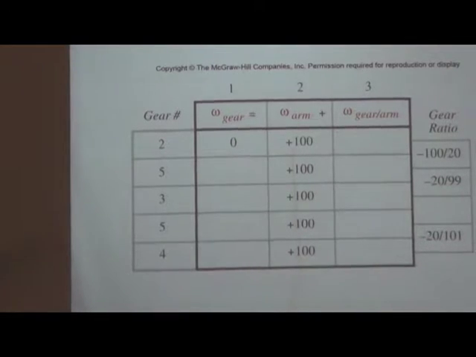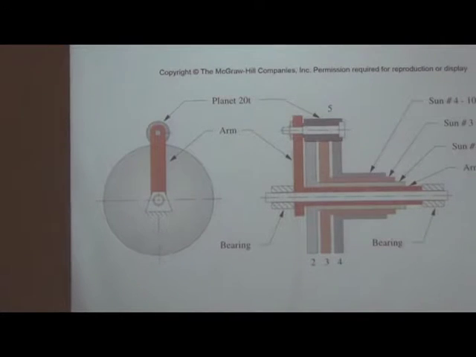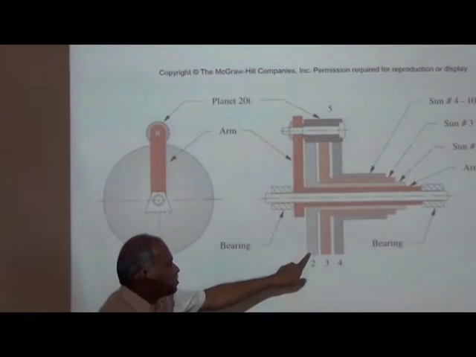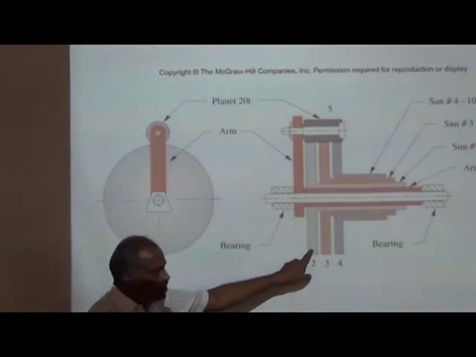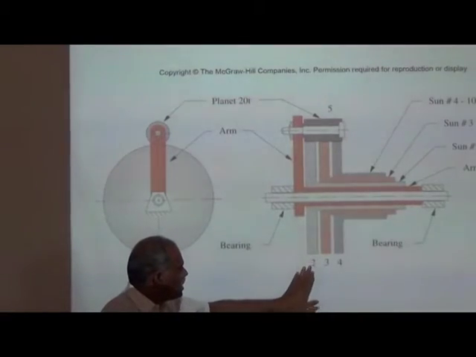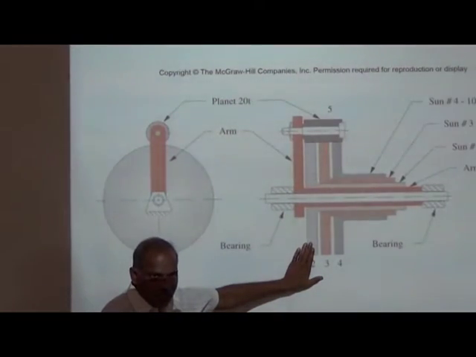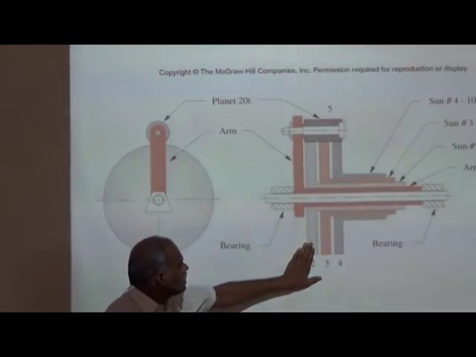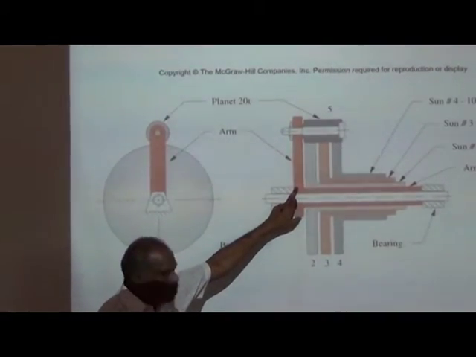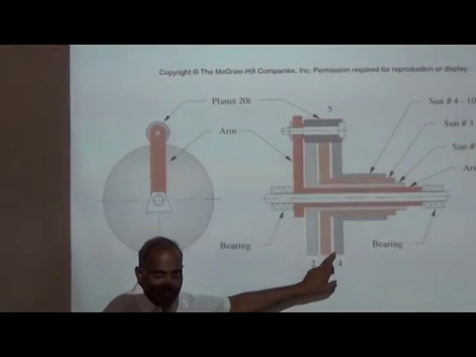Second gear is fixed, that's why it is 0. What is the second gear? That is this particular sun gear with 101 teeth, which is fixed. You are fixing this second gear and you are giving an input to the arm, that is 100 in the anticlockwise. At what speed will the 3 and 4 rotate?